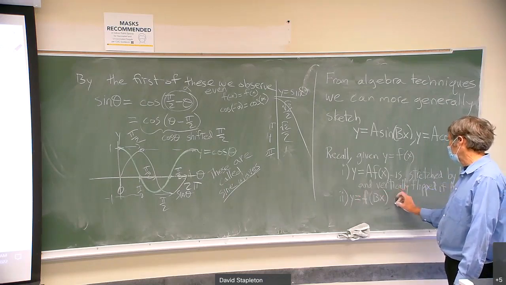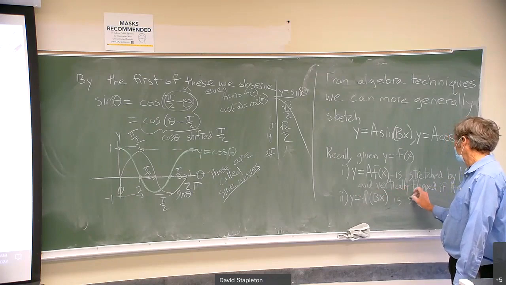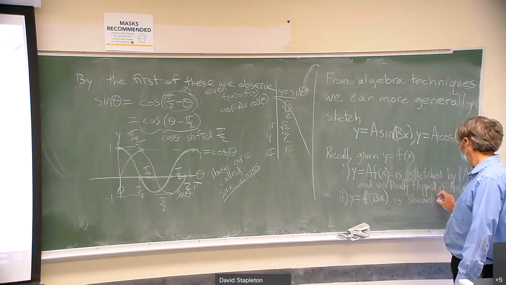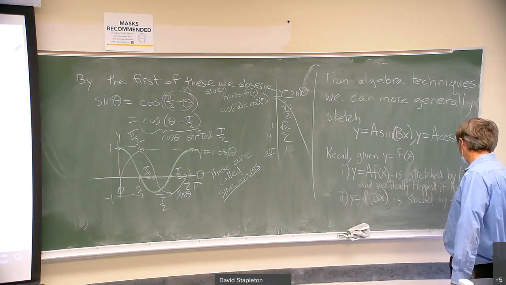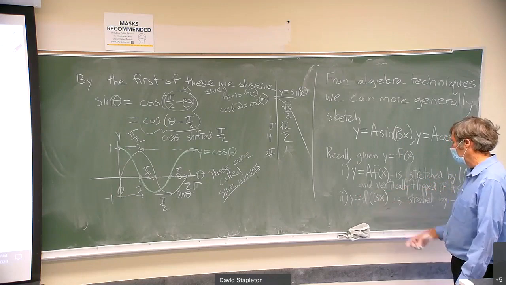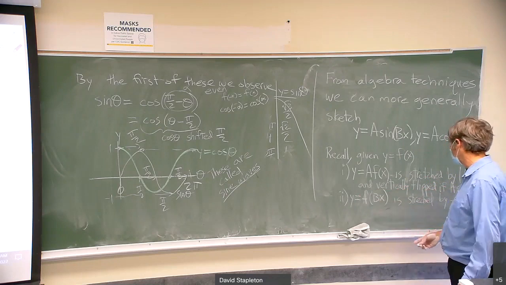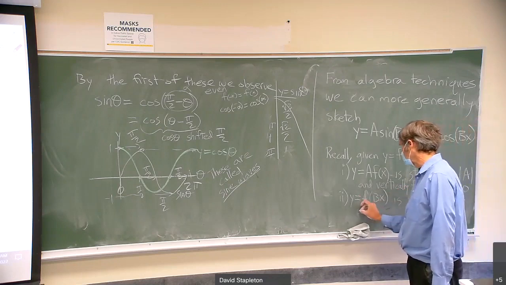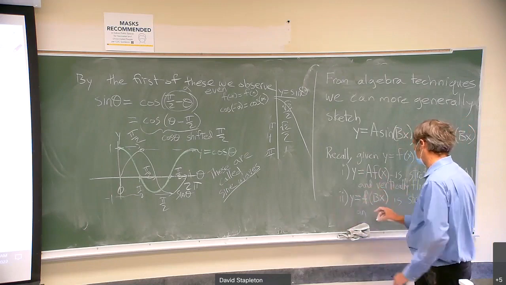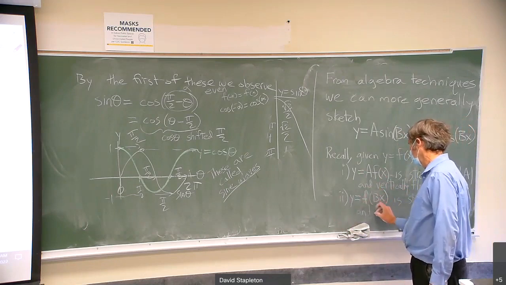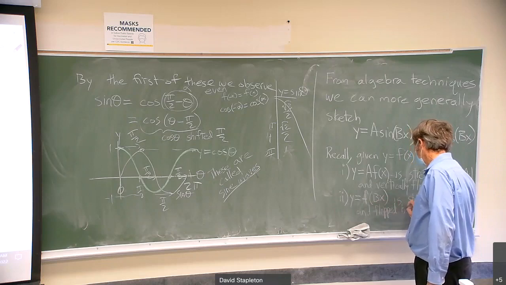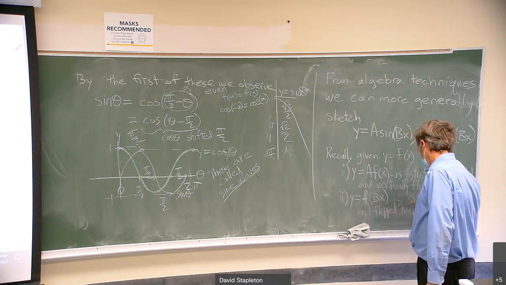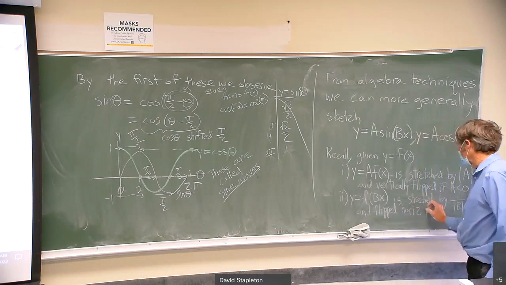So actually now this is stretched or shrunk by a factor of 1 over absolute value of b, because x has to be b times as big to get the same number, and flipped horizontally since it makes all the x coordinates negative of what they were, if b is less than 0.